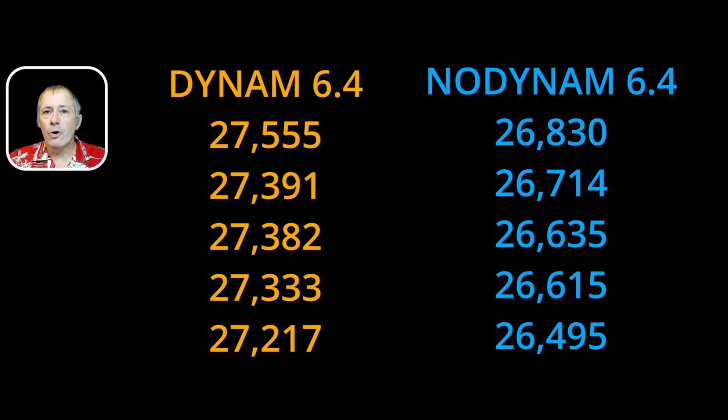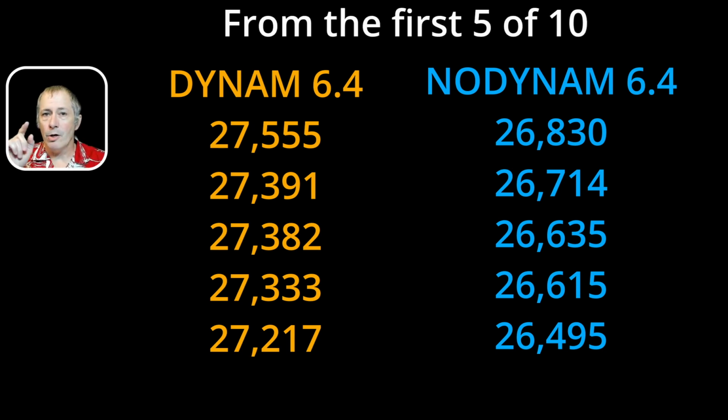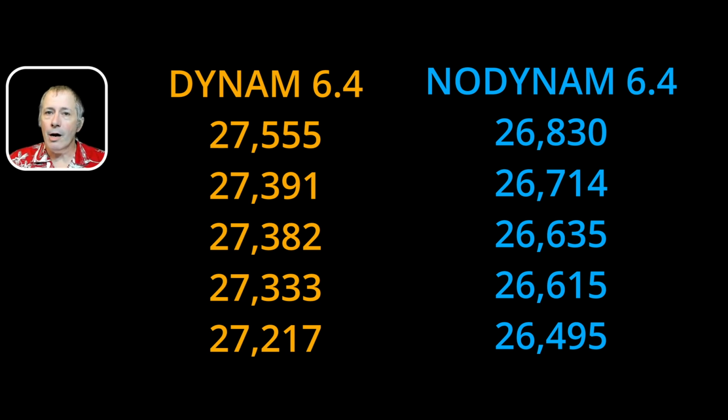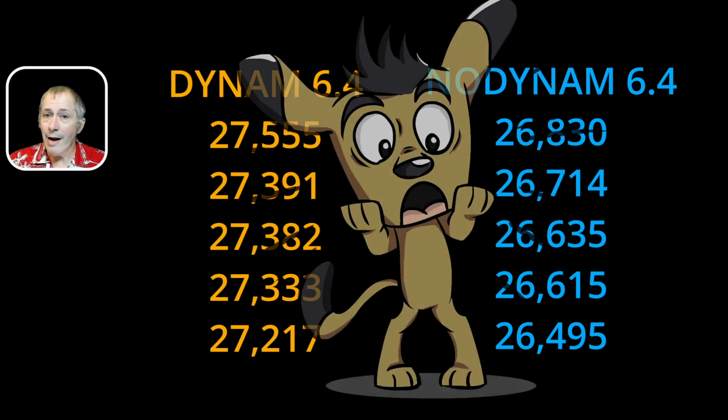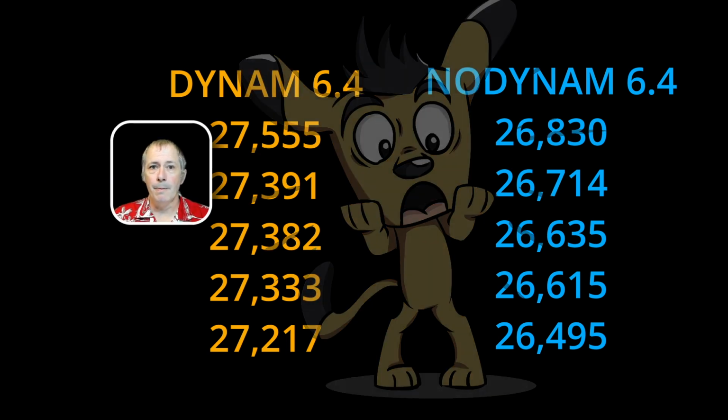I ran the 2 COBOL 6.4 tests 10 additional times. The low 27,000 for the DYNAM and the mid to high 26,000 for the no DYNAM is consistent across all 10 of those runs. That kind of implies that DYNAM and no DYNAM have an impact on how call identifiers are handled, which surprises me again.